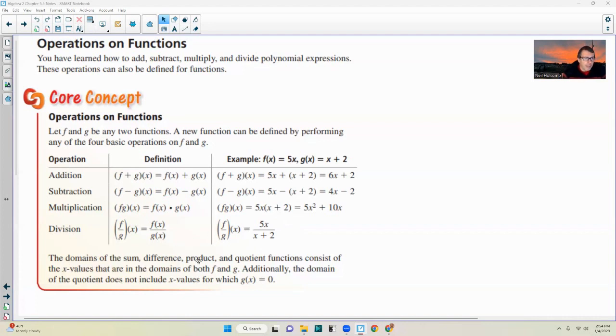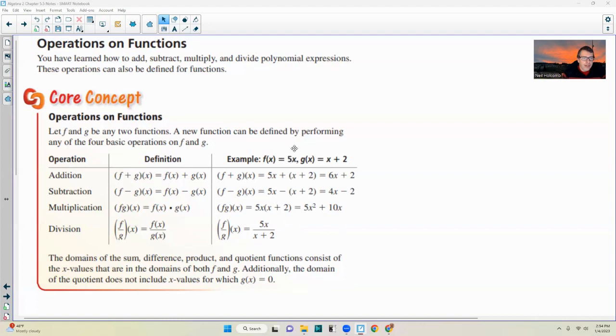The domains of the sum, difference, product, and quotient functions consist of the x values that are in the domains of both f and g. Additionally, the domain of the quotient does not include x values for which g of x is equal to 0. So what they're saying is any value that you can plug into one, you can plug into the other.